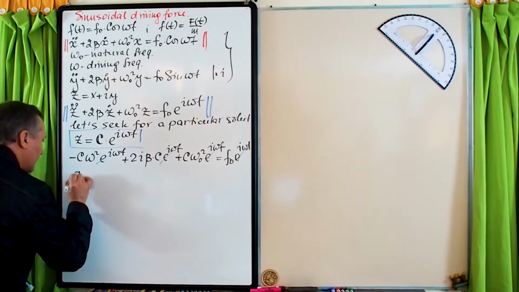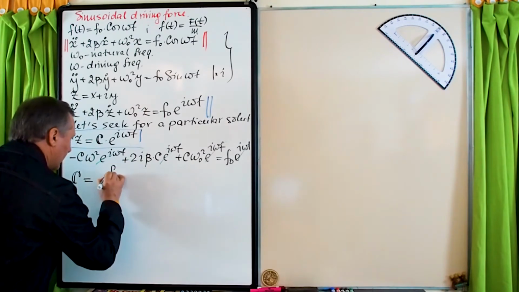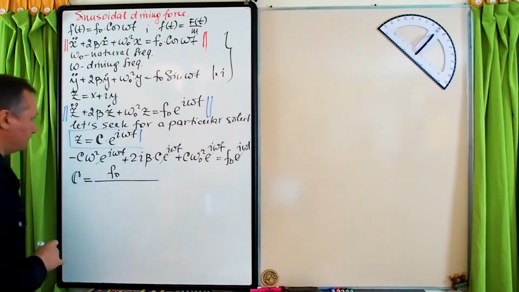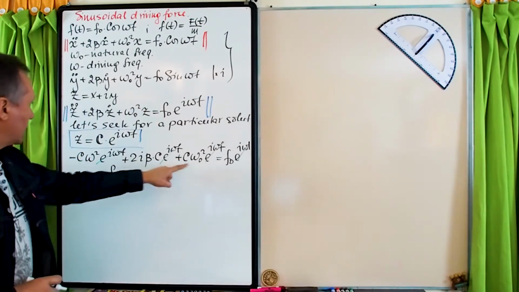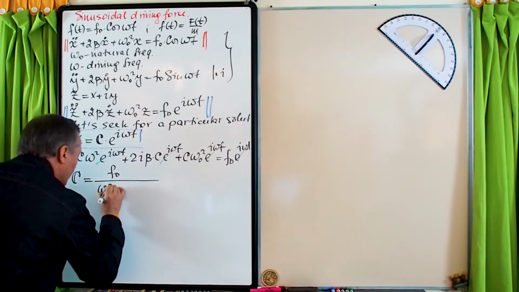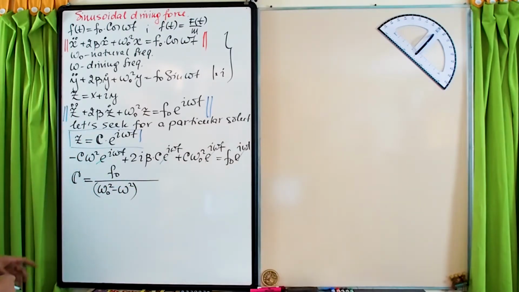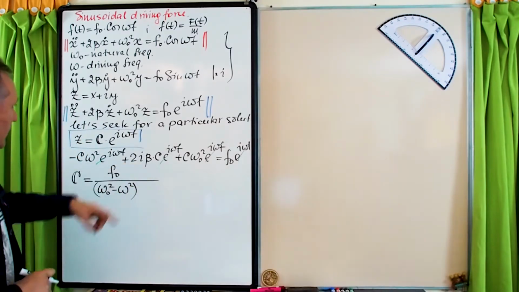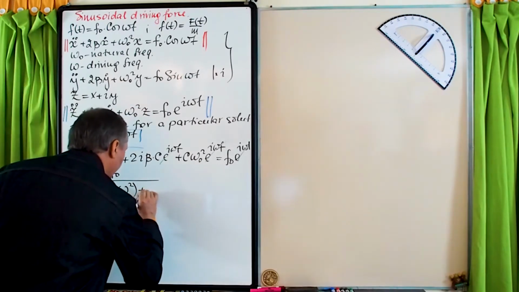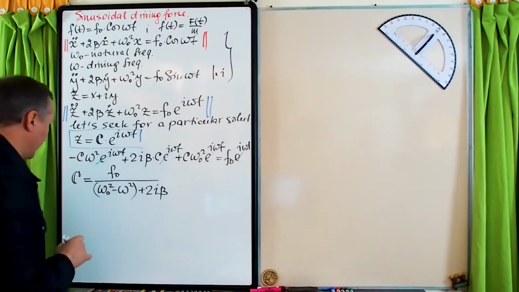The constant c will be equal to f naught divided by omega naught squared minus omega squared, let me put it in a bracket, plus 2i beta.